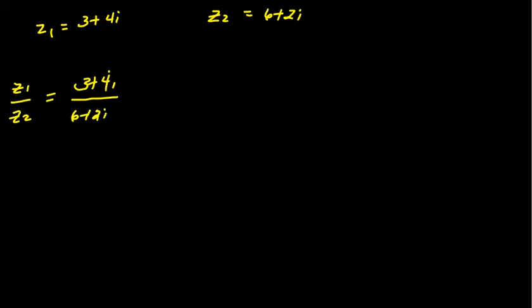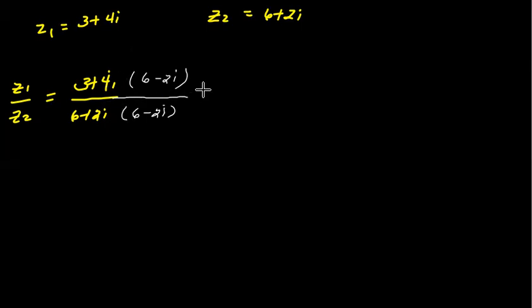So the first thing we're going to do is multiply the denominator by the conjugate of Z2, which is 6 minus 2i. And it means you have to multiply the numerator as well by the same thing, 6 minus 2i. So we have two separate multiplications to work out.